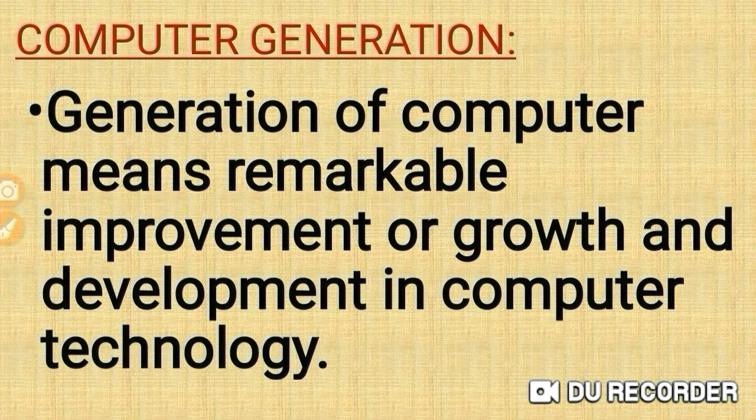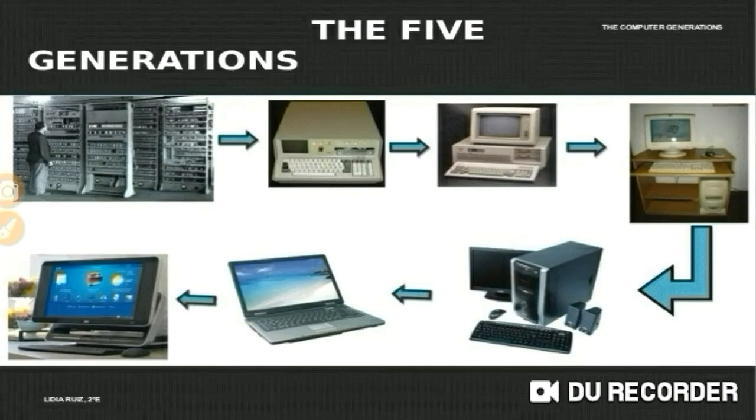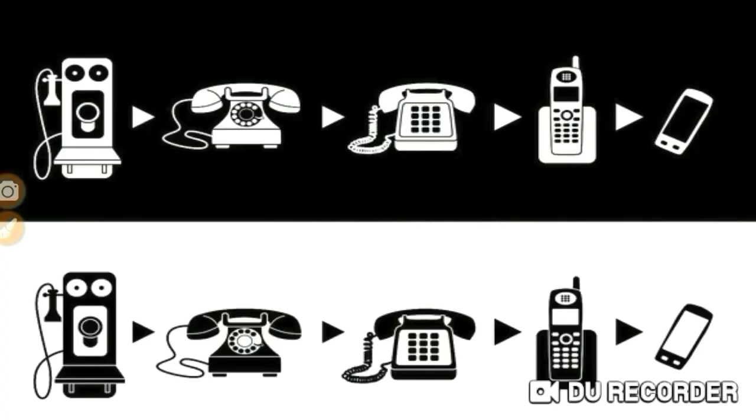Let's take an example of the mobile phone. In the past, telephones were used only for making and receiving calls. But now, the smartphones we are using are not only for making and receiving calls, but we can also do online shopping, chatting, send emails, and other work can also be done.